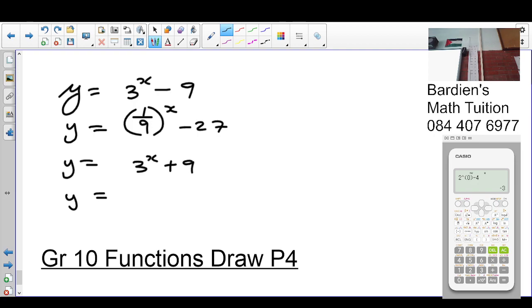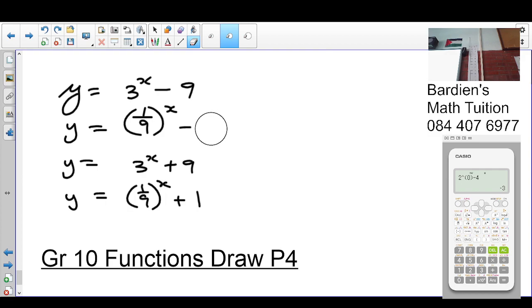And y is equal to (1/9)^x plus 27. Okay, this number is pretty large here. Let's make this plus 1. I don't want you to work with numbers that are too big.